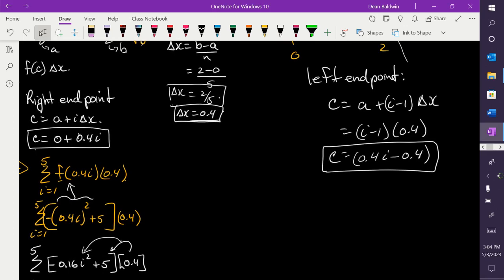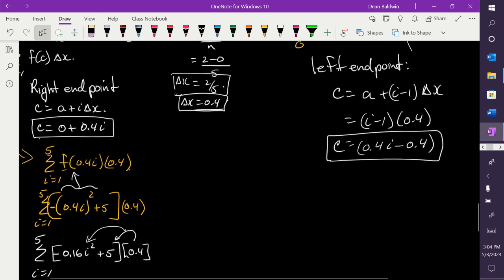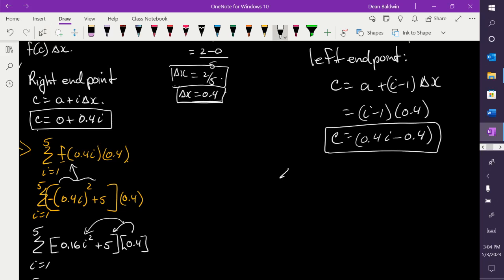We're good? Now everything's the same. It's going to be the same algebra, but it'll be a little trickier with this one just because of our c value. Essentially we're summing all the rectangles from i equals 1 to 5 with heights f of c times their widths delta x. Our c value we just said was 0.4i minus 0.4. So that's going to be the sum.